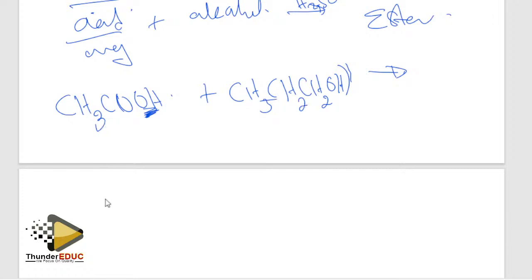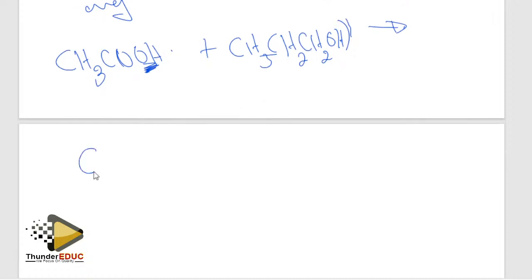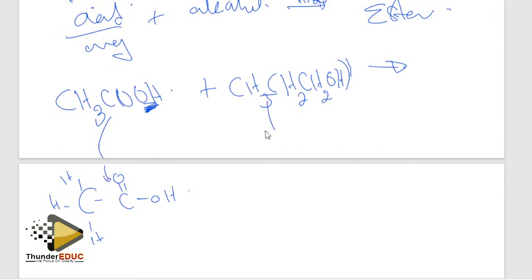For example, if you draw this and write it, it's going to have 1, 2. Okay, no. Let me just start with the carboxylic acid. 1. You have, yeah, like that. That is this. Cool. In most cases we reverse it.